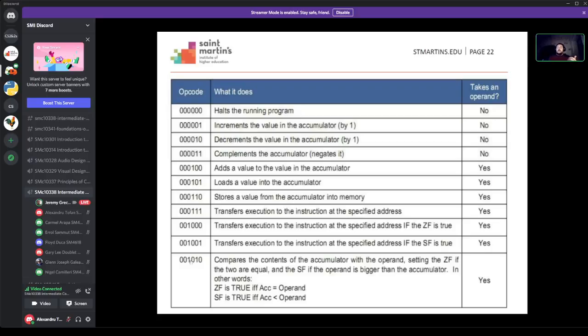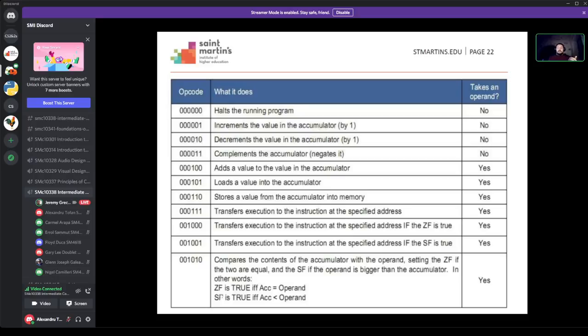All right. And finally, the value 10 is going to compare the contents of the accumulator with the operand, setting the 0 flag if the two are equal and the sign flag if the operand is bigger than the accumulator.